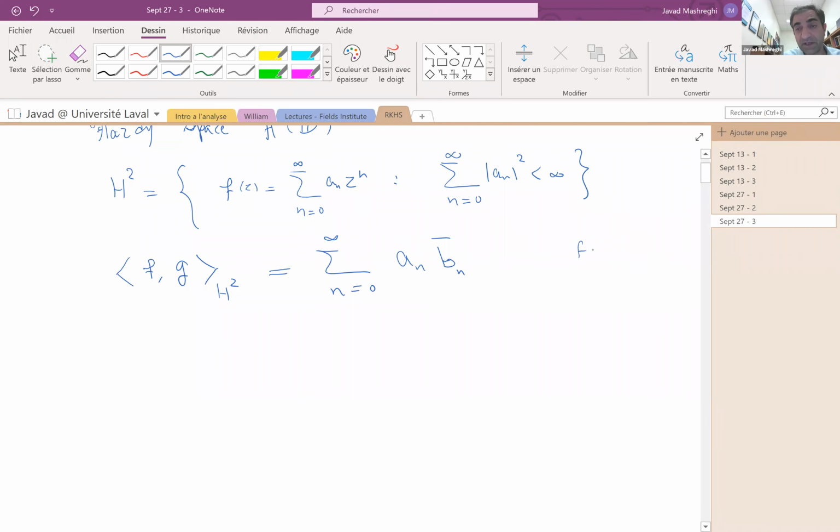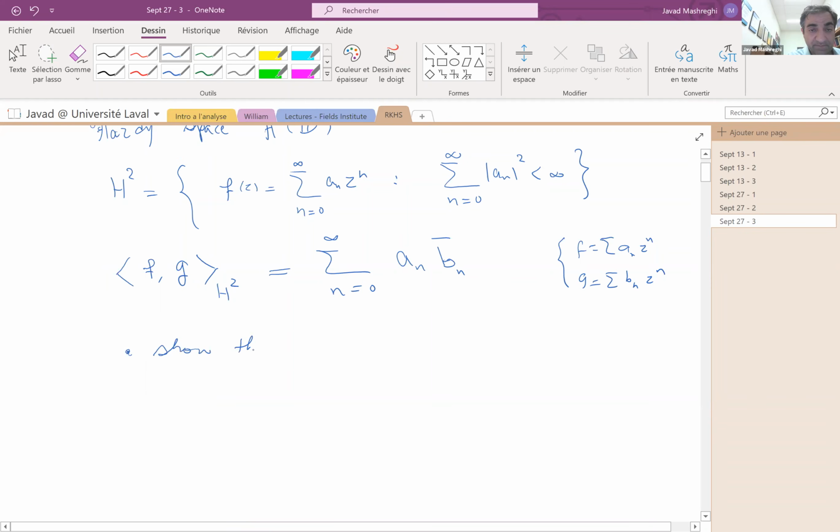I repeat, f is the sum of a_n z^n, g is the sum of b_n z^n. It's very easy to show that it's an inner product, and it's complete because little L2 is complete. So we have a Hilbert space. That H2 is a Hilbert space is an easy exercise, an elementary part.